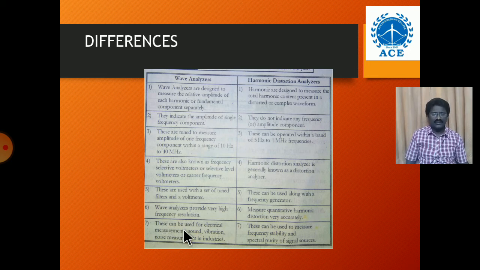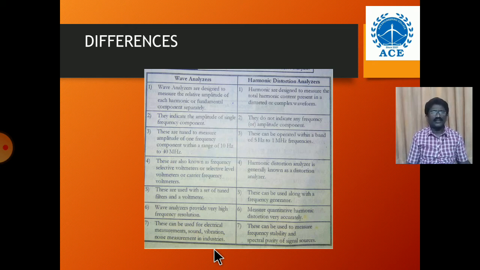Whereas the harmonic distortion analyzer can be used to measure frequency stability and spectral purity of the signal source, because with the help of tuning circuit and rectifier circuit you can change the position of the fundamental frequency also.